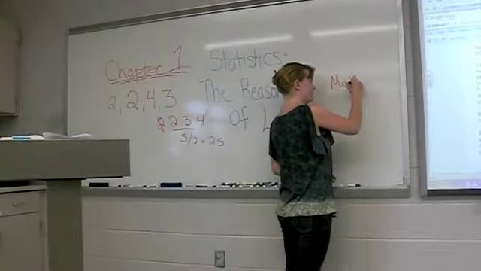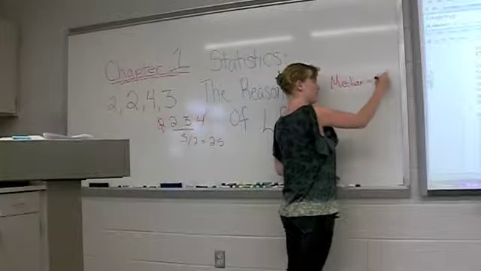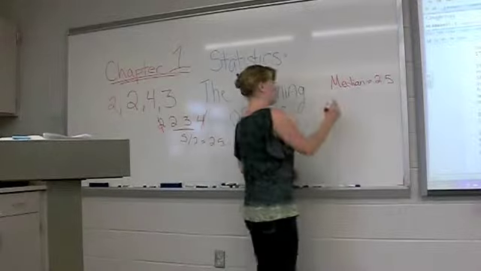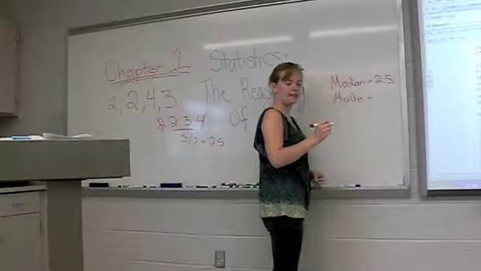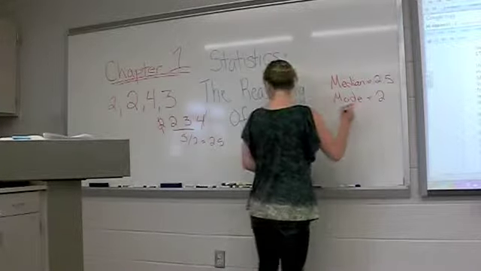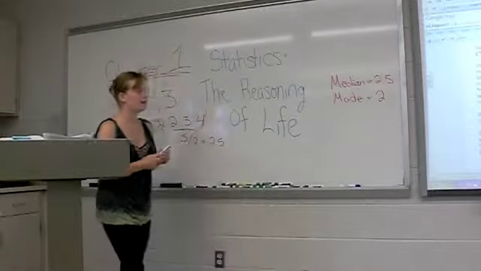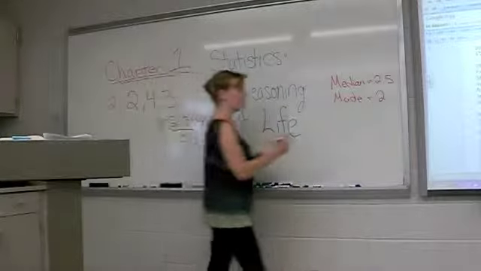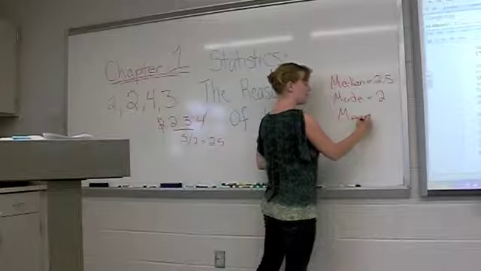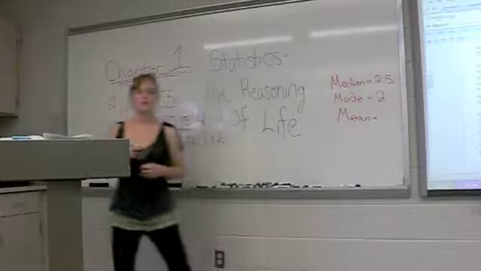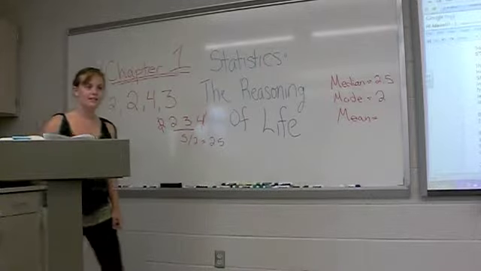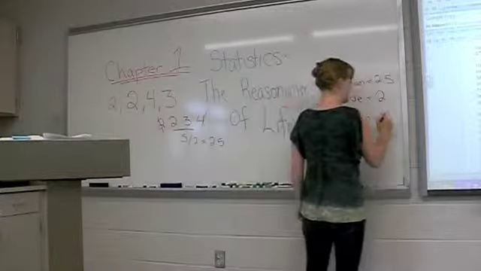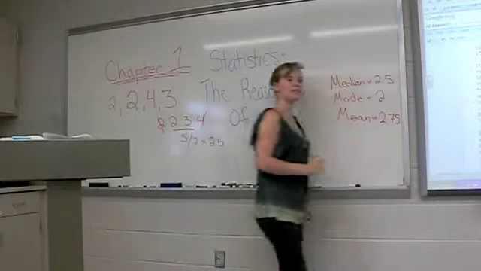So our median is 2.5, and our mode, as you said, Johnny, want to tell us again? 2. All right. And what else do we need to get? Mean. Right. And what did we say our mean was? 2.75 is our mean.